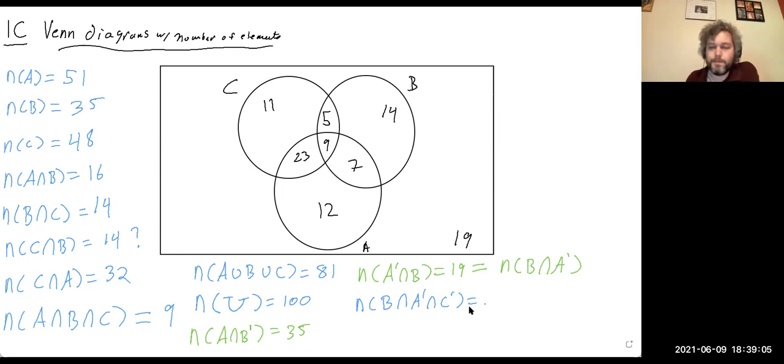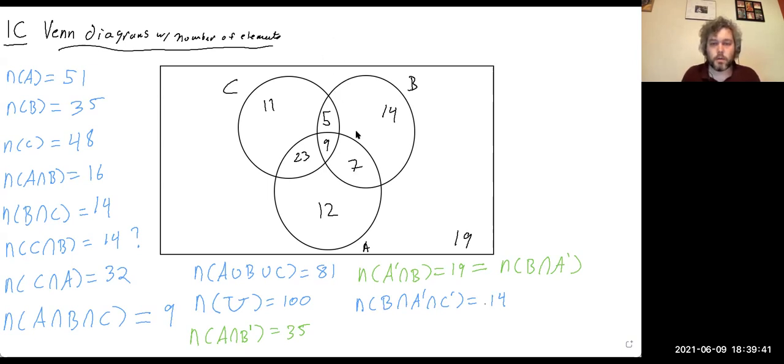How much would that be? 14. Awesome. This is the part that is pure B. It has nothing to do with any of the other sets.